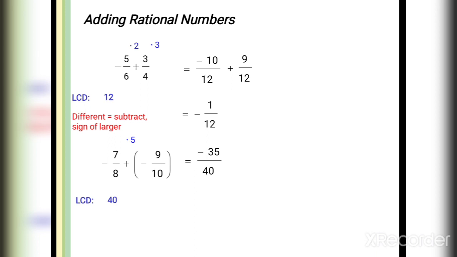We will get minus 35 by 40. In the second one, we have to multiply by 4, so we will get minus 36 by 40. Now the denominator remains the same and we will solve them. So it becomes minus 71 upon 40.